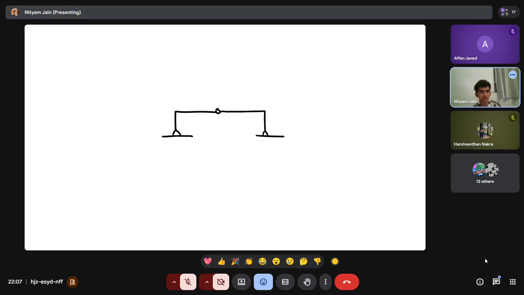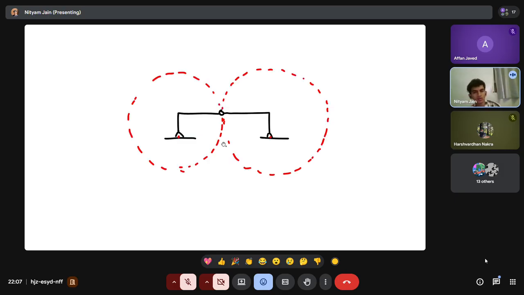And to visualize how a three pin system can also be stable, let's say these are one, two, and three pins, and this is a rigid structure, like a steel L member. How these two would want to rotate is in this circle, and how it would want to rotate is in this circle.